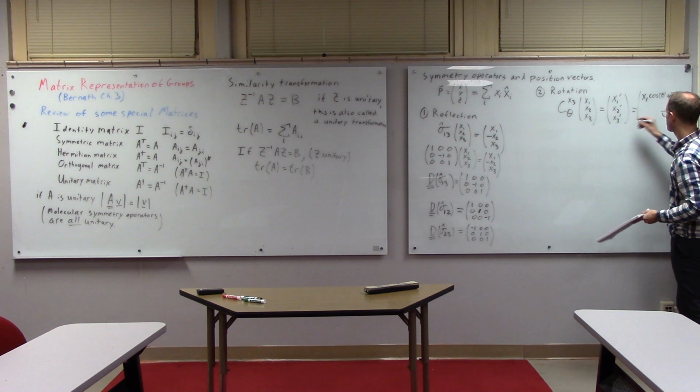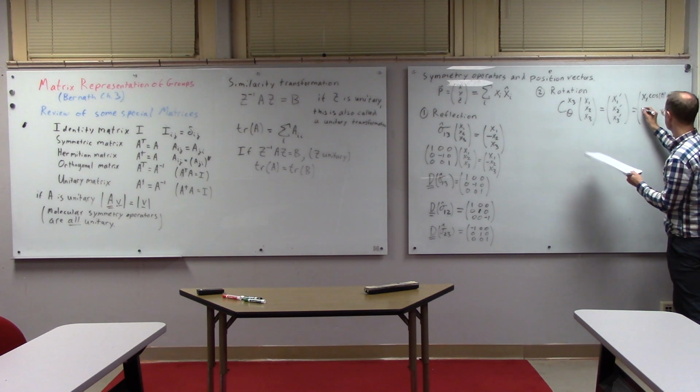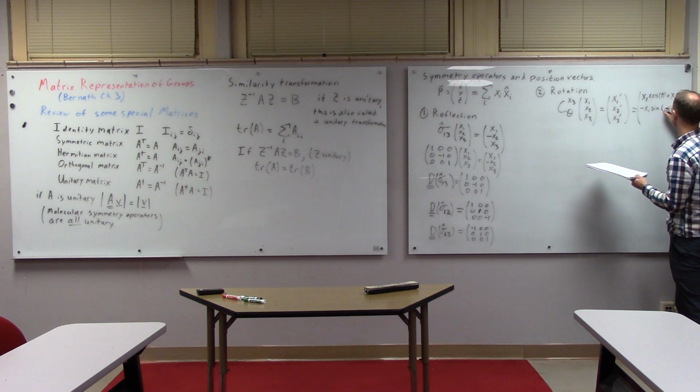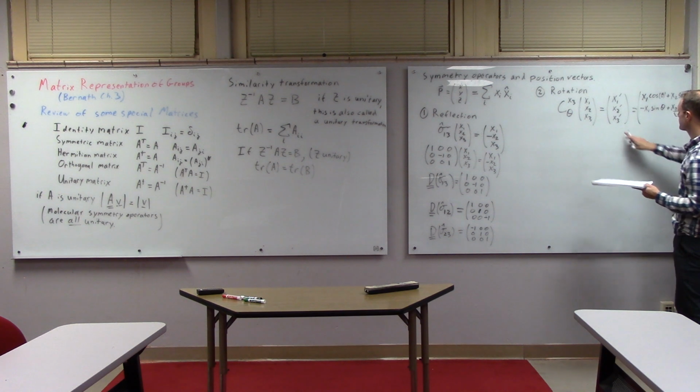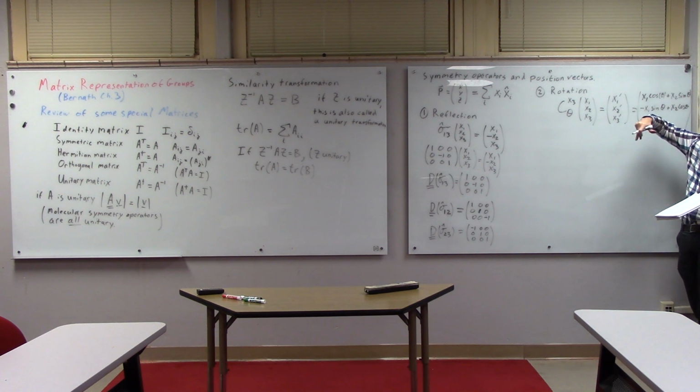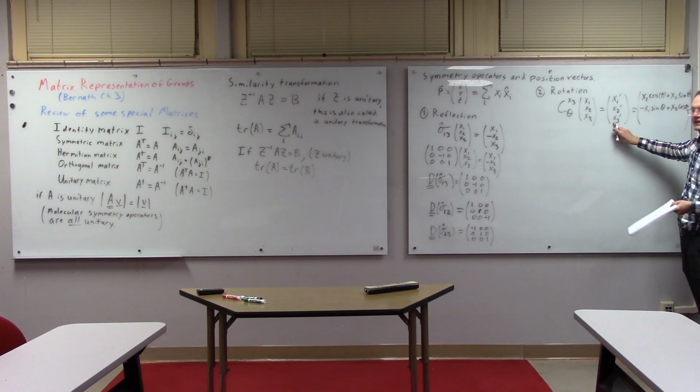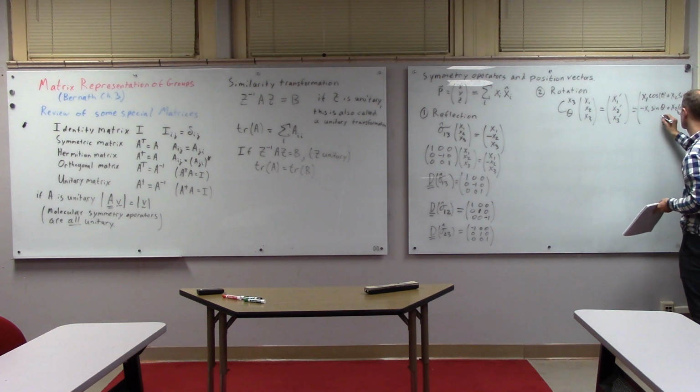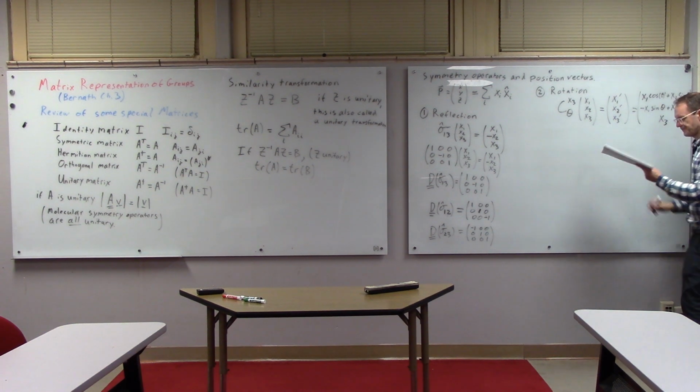The new value of x2 is going to be minus x1 times sine theta plus x2 times cosine theta. And rotating about the x3 axis is going to leave the x3 coordinate unchanged. So this is going to be just x3.